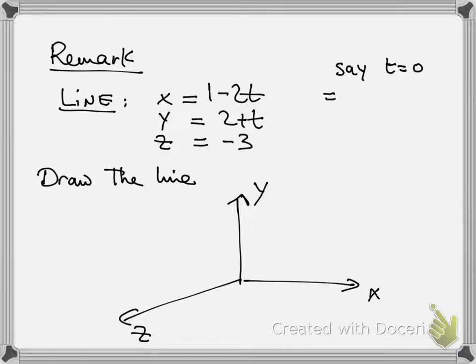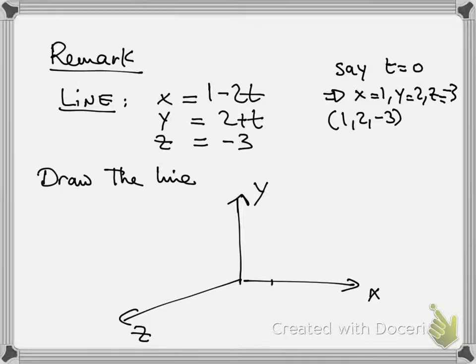If t is 0, x is 1, y is 2, and z is -3. Z is always -3. So if t is 0, you get the point 1, 2, -3. So that will be a point of the line.